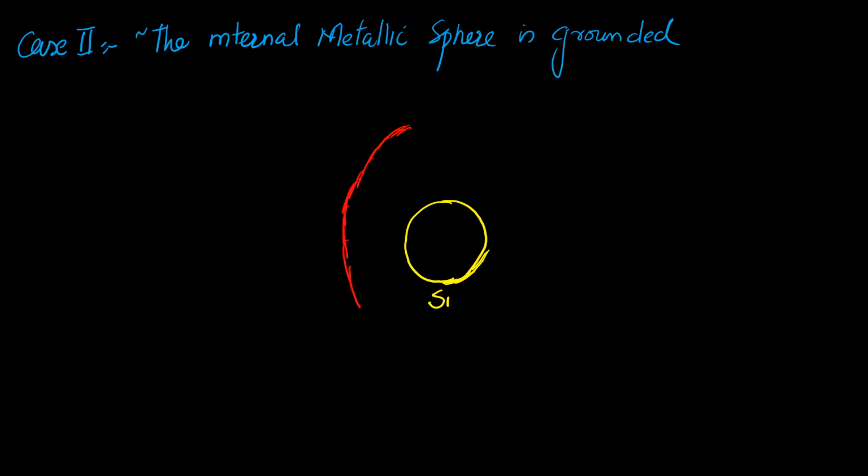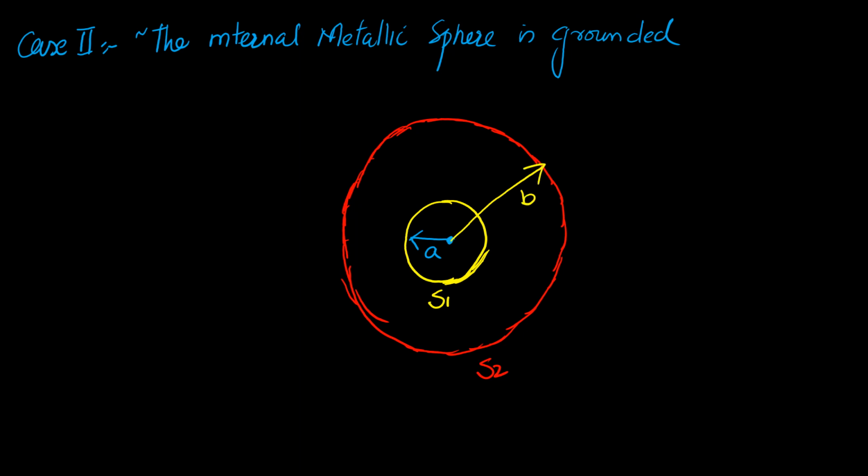So this is external sphere S2. The radius of sphere S1 is A, whereas the radius of sphere S2 is B. Now, suppose that this S1 sphere is grounded internally like this.